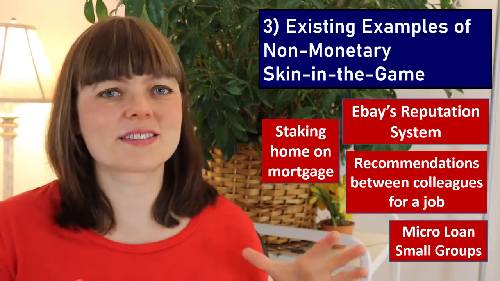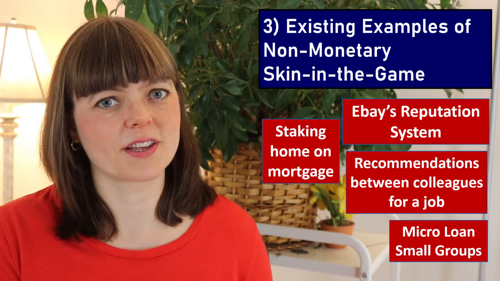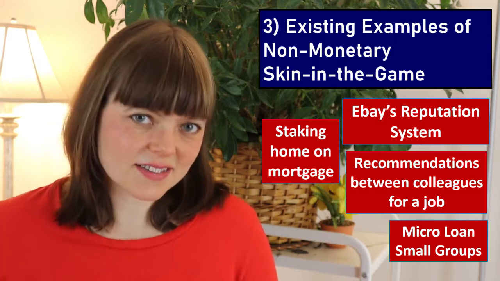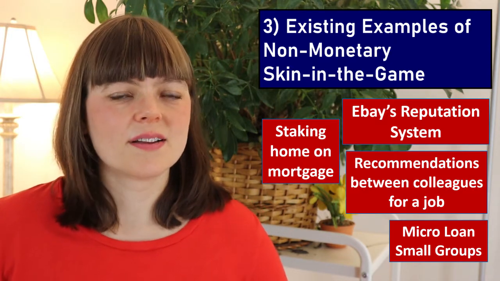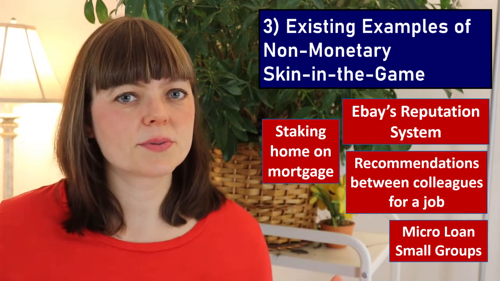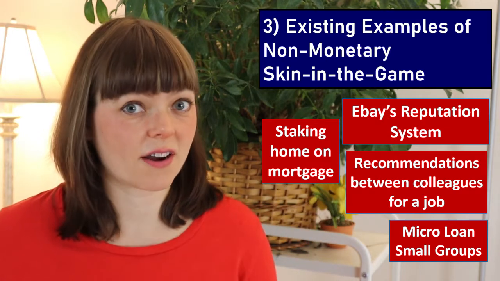And of course, having these communities of women who meet regularly and hold each other accountable does increase the payback rate of these loans. So similar systems could be used in a smart contract context.